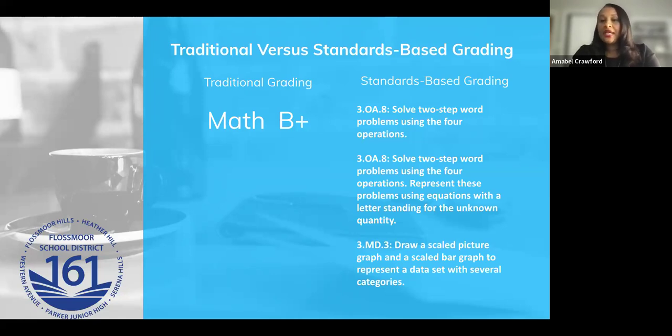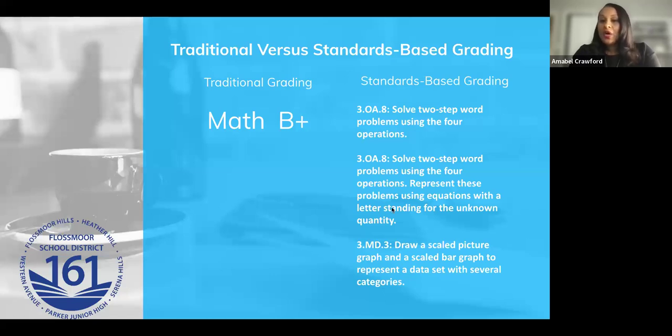In a standards-based grading system, a third grader's report card will now show the exact Illinois learning standard, as well as the skills that a student needs to demonstrate in order to be successful on that standard. So going back to those year-long overviews, we've identified all of those standards and broken them down into quarter.